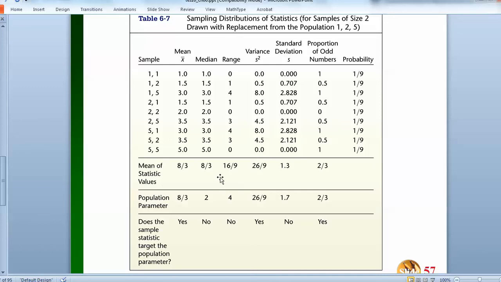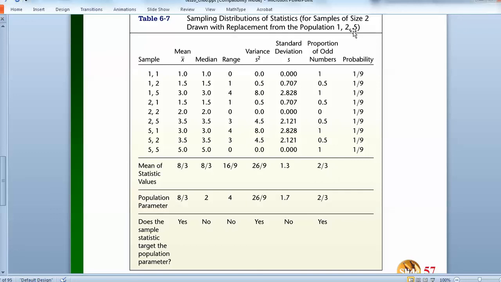So the mean of the sampling distribution of means is 8/3. The mean of the sampling distribution of medians is 8/3. For range, 16/9. Variance, 26/9, and so on, right?